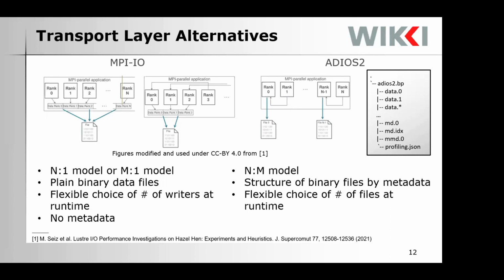But maybe MPI-IO has a different paradigm. For example, it can write binary data files into a single file directly, right? Whereas ADIOS2 will write only continuously in blocks. So it will gather the blocks and write these blocks down.